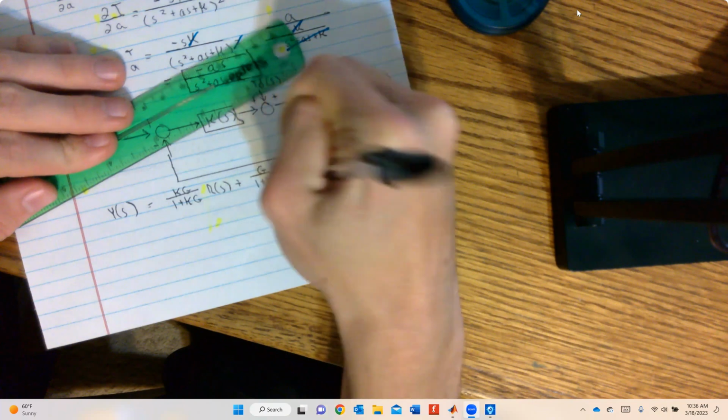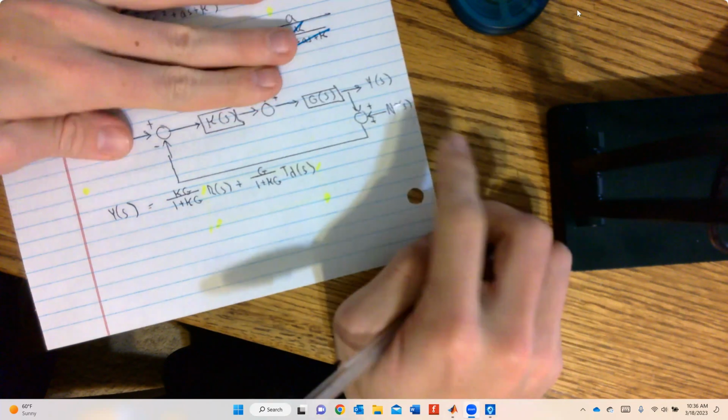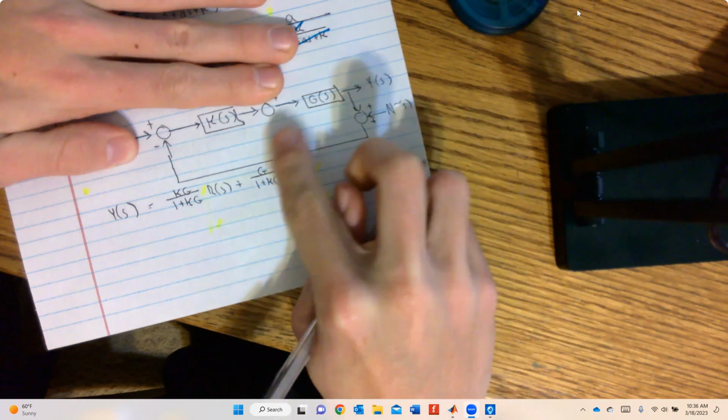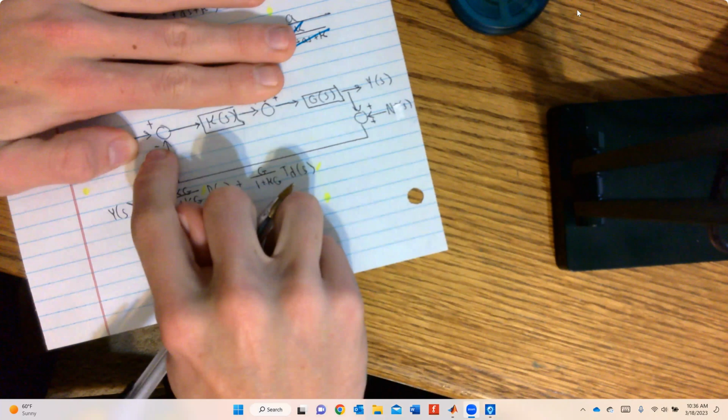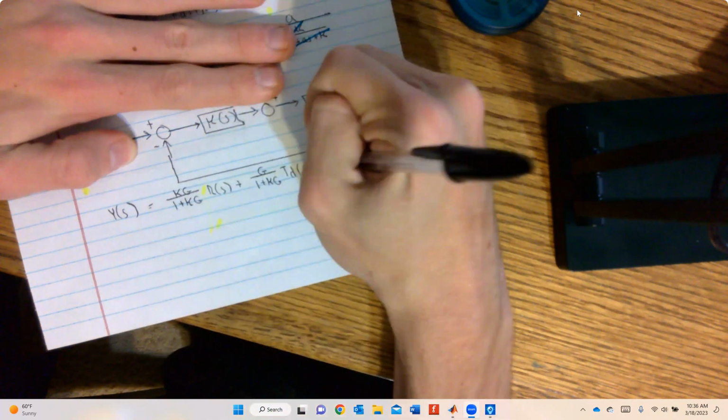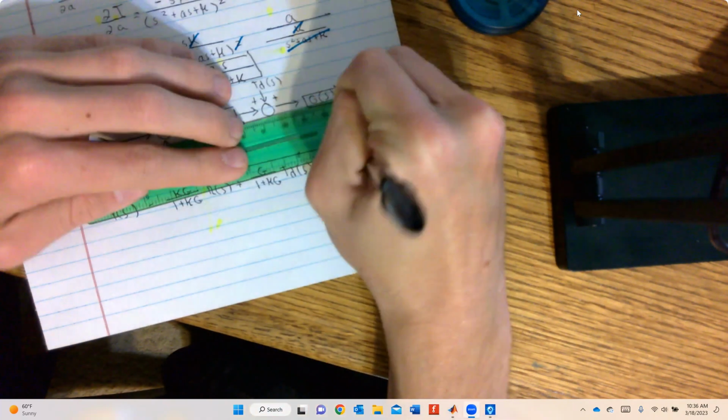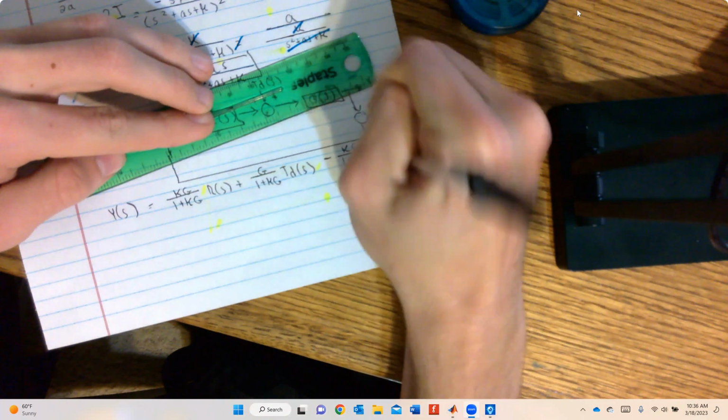And then looking just at this one here, so blocking these two, it's going to be minus, because of the minus here, kg all over 1 plus kg times n of s, okay?